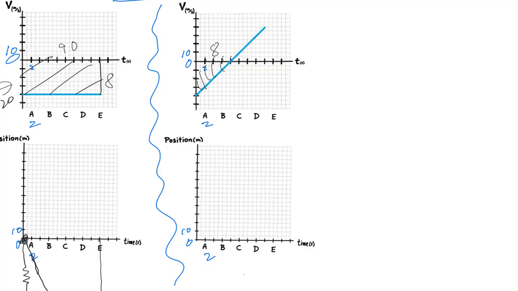Each of those is 10, so 40. So 40 times 8. And then this looks like it's symmetrical. So this one's 40.